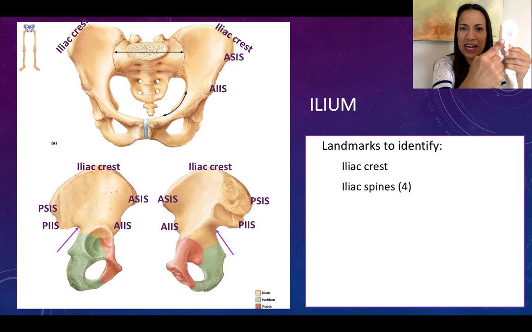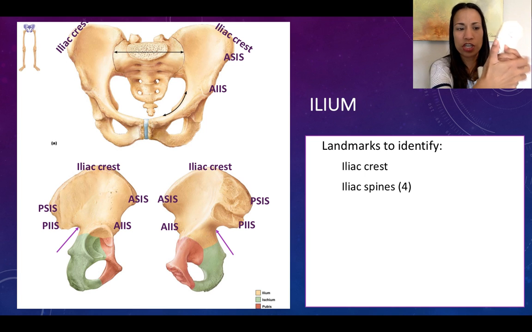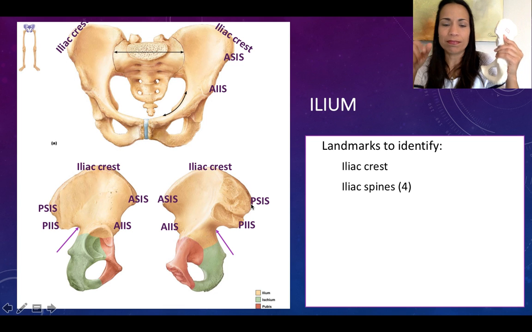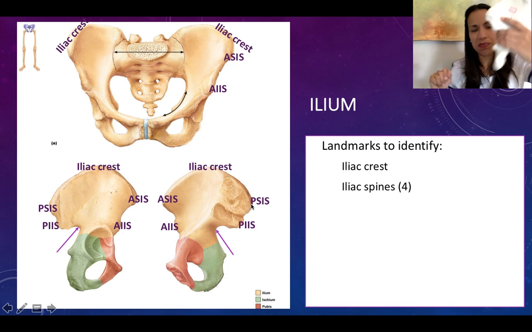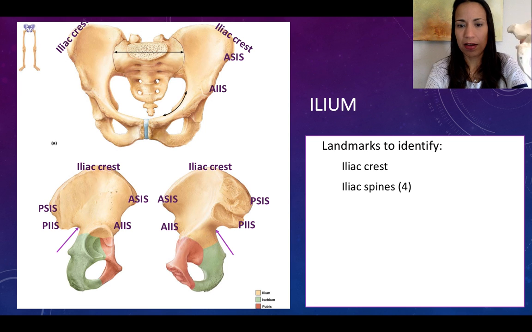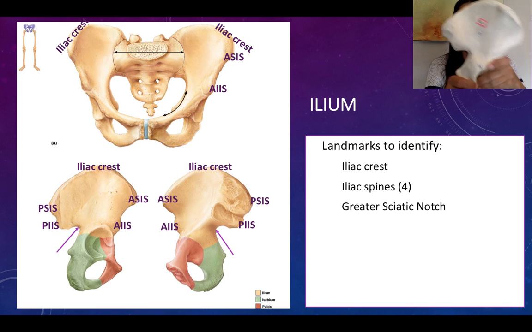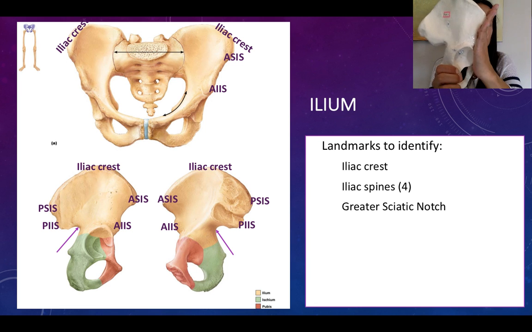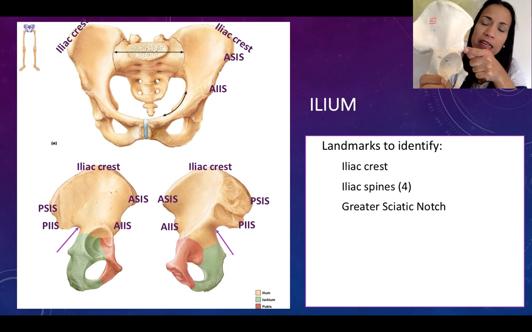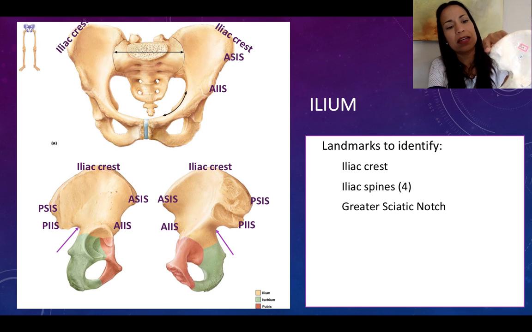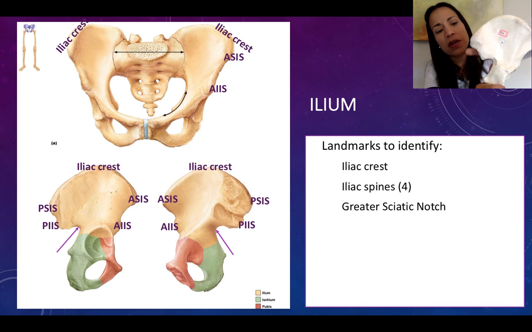When you touch that, what you're touching is actually the posterior and superior iliac spine. I'll tell you later the relevance of this concept. So this is the anterior and inferior iliac spine, anterior and superior iliac spine, iliac crest, posterior and superior, posterior and inferior iliac spine.